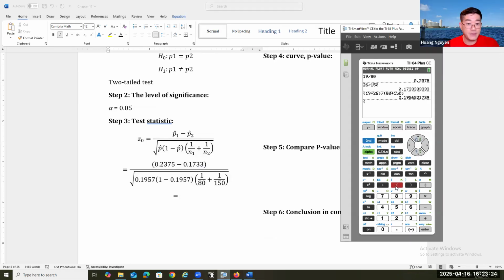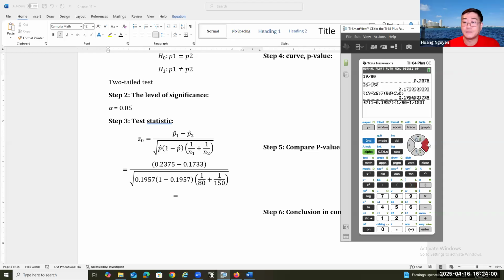So parentheses 0.2375 minus 0.1733, divided by the square root of 0.1957 parenthesis 1 minus 0.1957 close parenthesis, open another one, 1 divided by 80 plus 1 divided by 150.